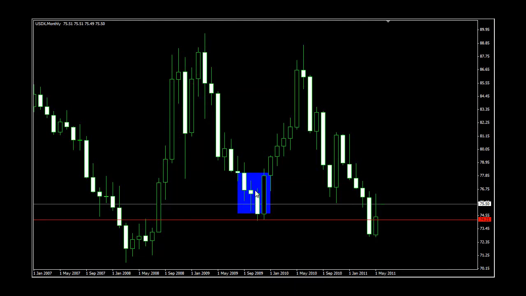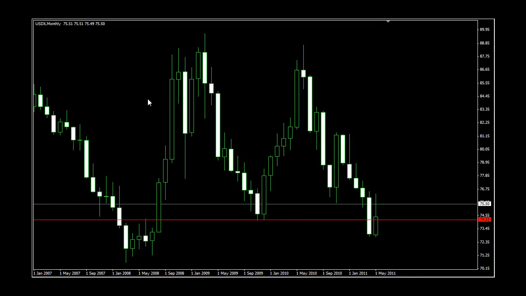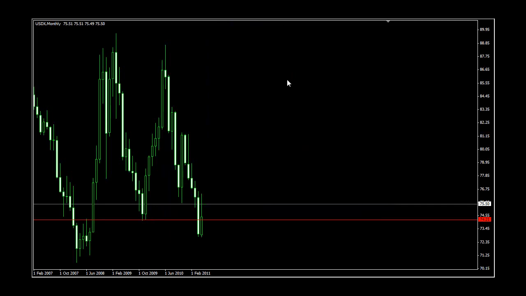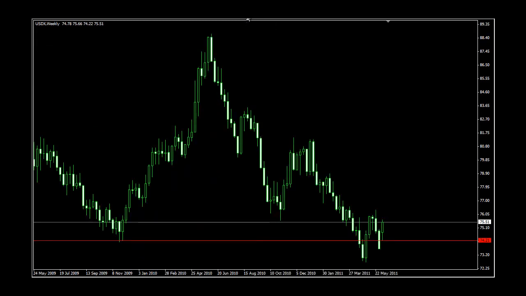And we don't need that rectangle. Let's zoom out just a little bit. This high here, this low here, that is a key support resistance level. Now in this vicinity here, let's start drilling down to a weekly chart.